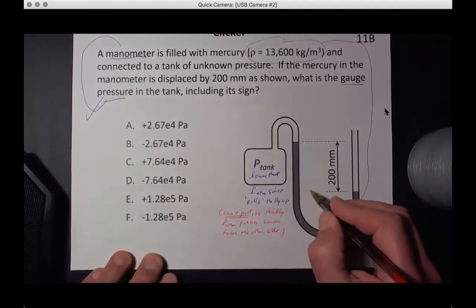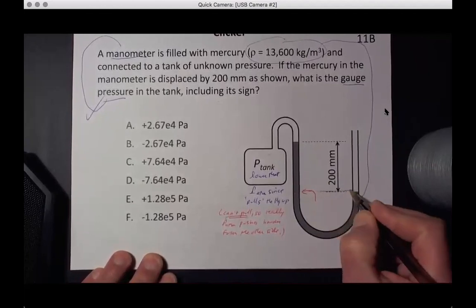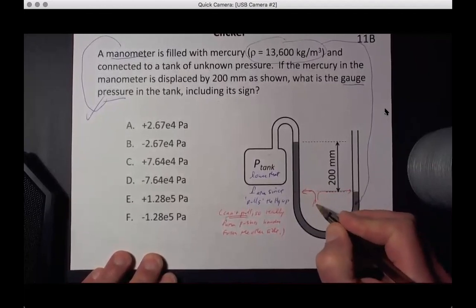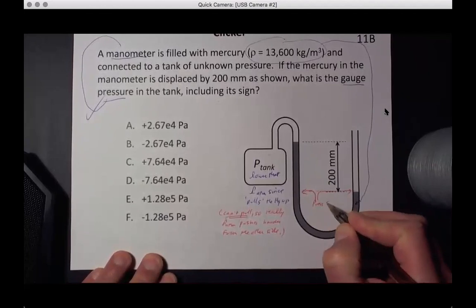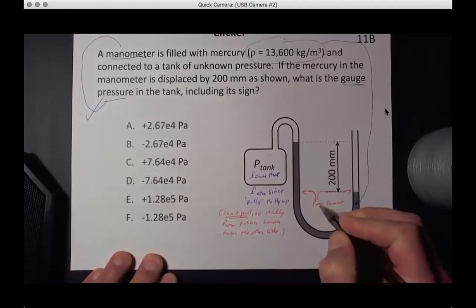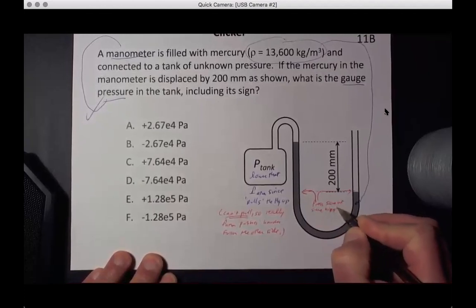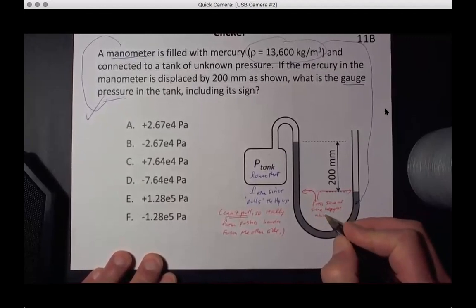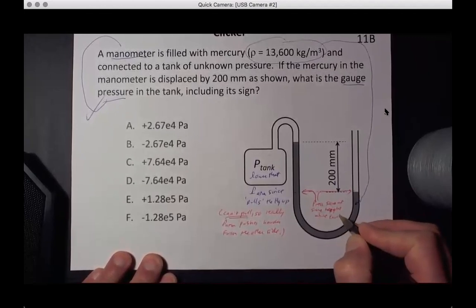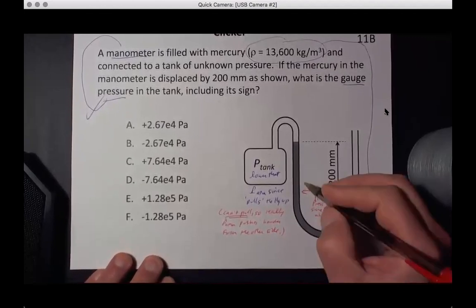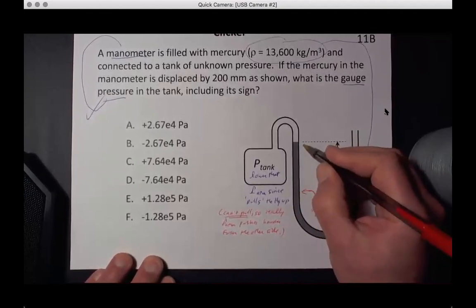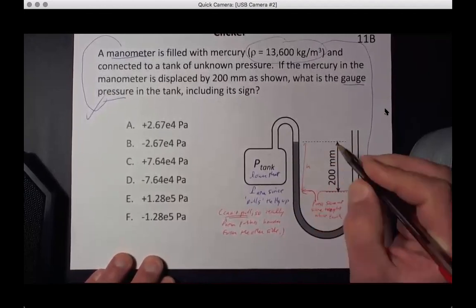So the other thing we know is that the pressure is the same at the same height above the Earth. And so really it's this side we're thinking about. And so this is our H.